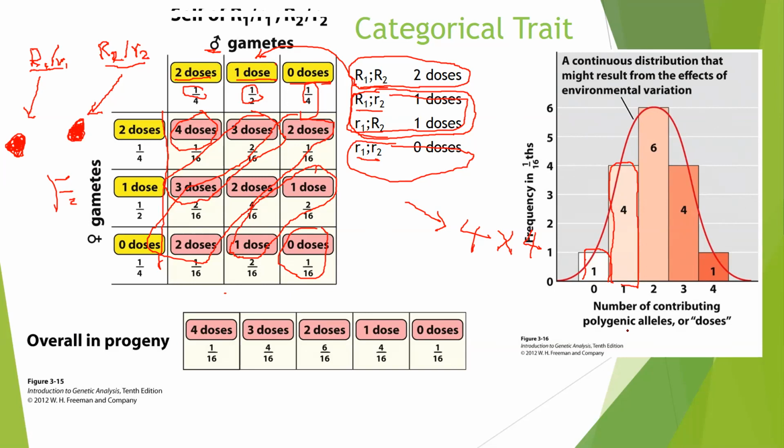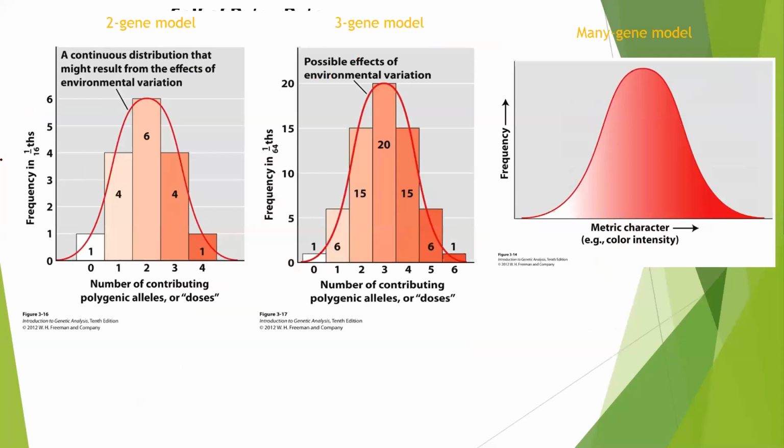Still, this is a categorical phenotype situation. We can clearly divide the F2 progeny into 5 different categories based on their phenotypes. No doubt. Okay, so this is the 2-gene model.